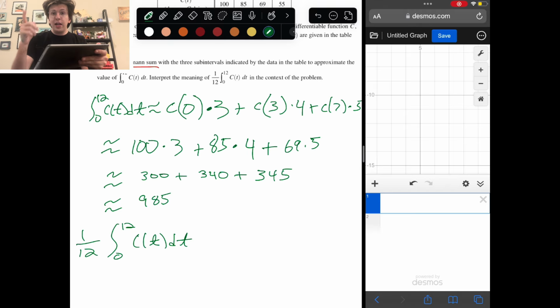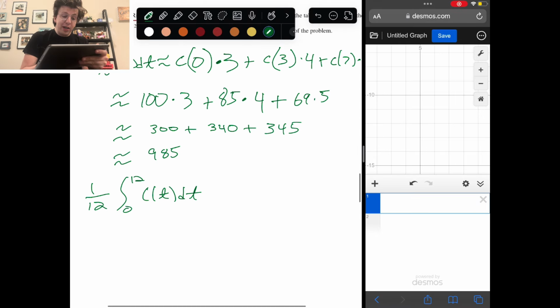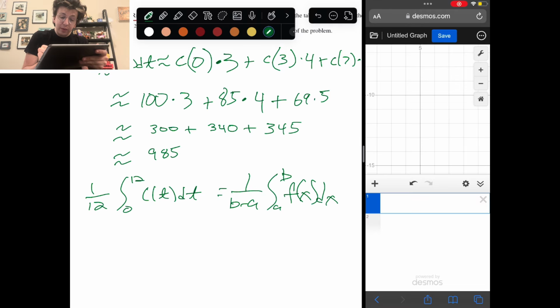Okay, so immediately I noticed, hey, my bounds, if I subtract them, 12 minus 0, I get 12. Right there, you guys need to notice, hey, that is the same as 1 over b minus a, integral a to b of some function.